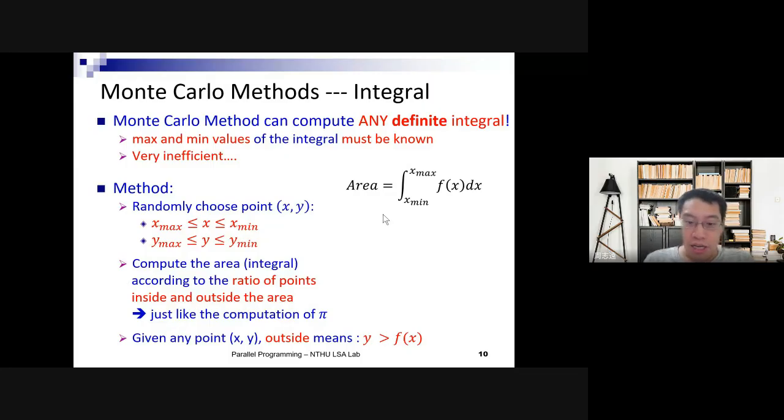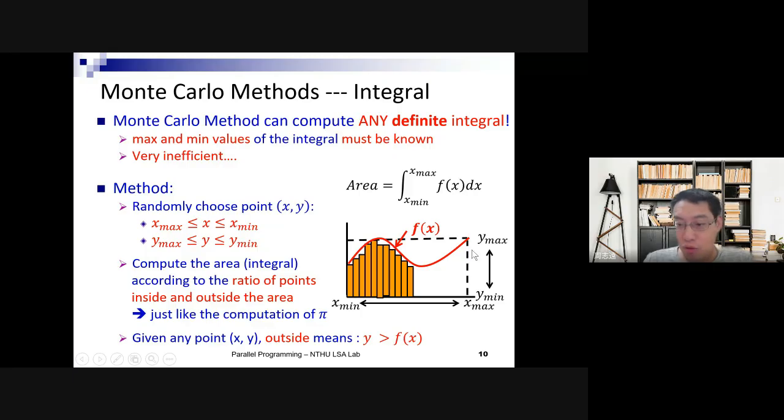The idea is the same as before. By definition, the integral means the area beneath the line described by your function.